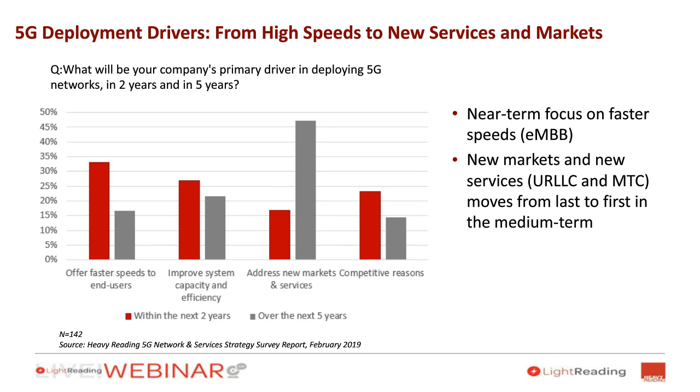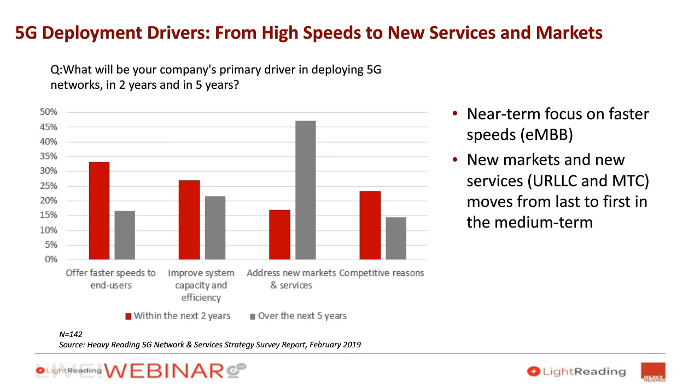Another data point from that same survey. We asked operators, what will be your company's primary driver in deploying 5G networks? And we had 2 time frames here, within the next 2 years, which is the red bar, and then over the next 5 years, which is the gray bar. You can see an interesting development in these results as well.